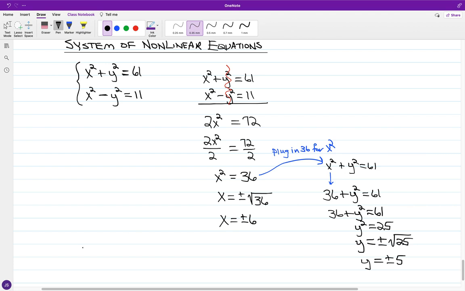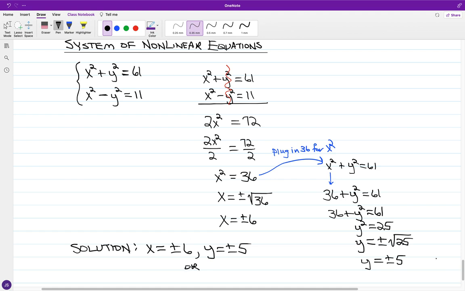So, in the case of the solution set, using compact notation, you have x equal to plus or minus 6, and y equal to plus or minus 5.